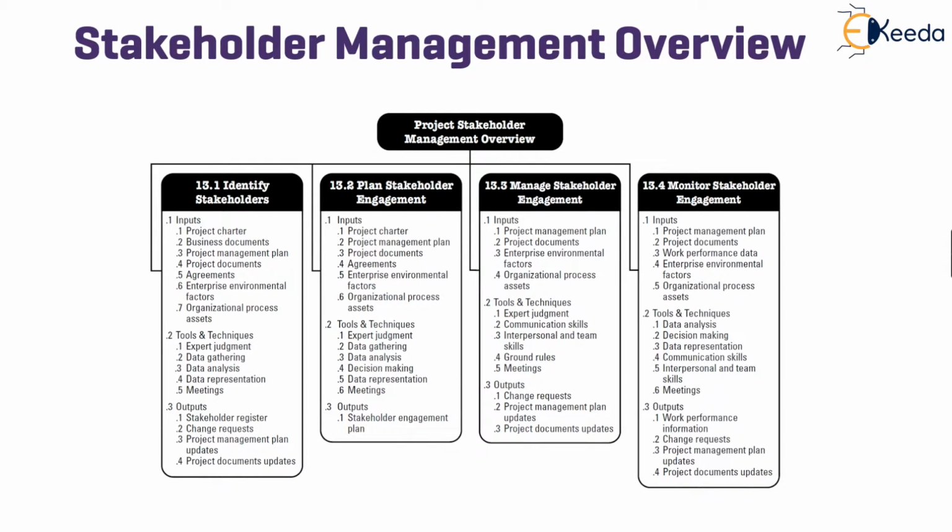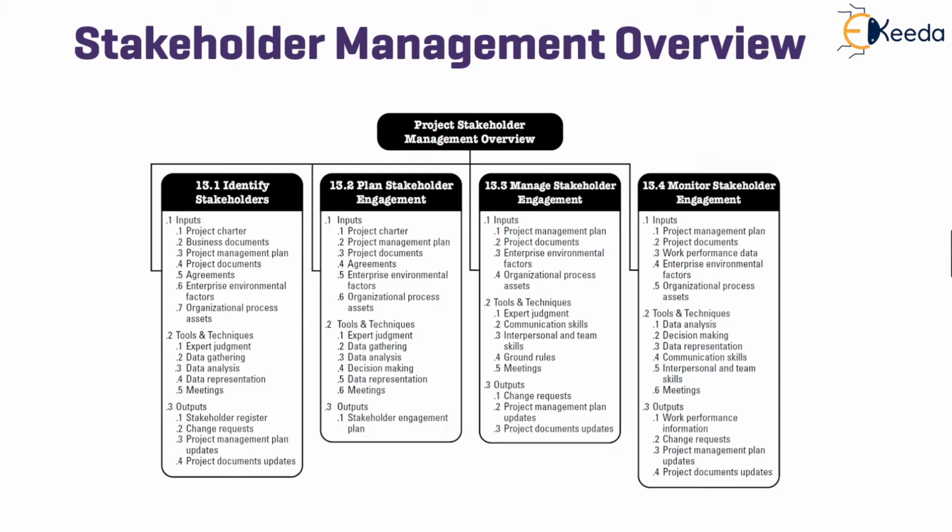In identifying stakeholders, we find the project charter, business documents, project management plan, project documents, agreements, environmental factors, and the organizational process assets as the key requirements to start identifying the stakeholders. The output is the stakeholder register, the updated project management plan, and updates to all project documents.